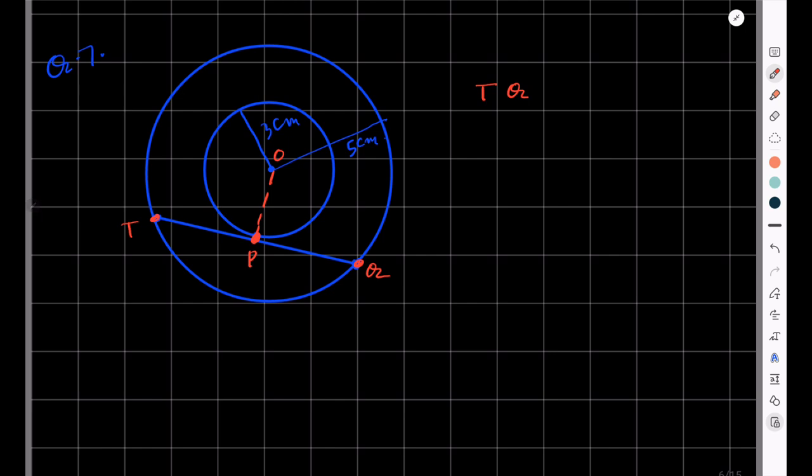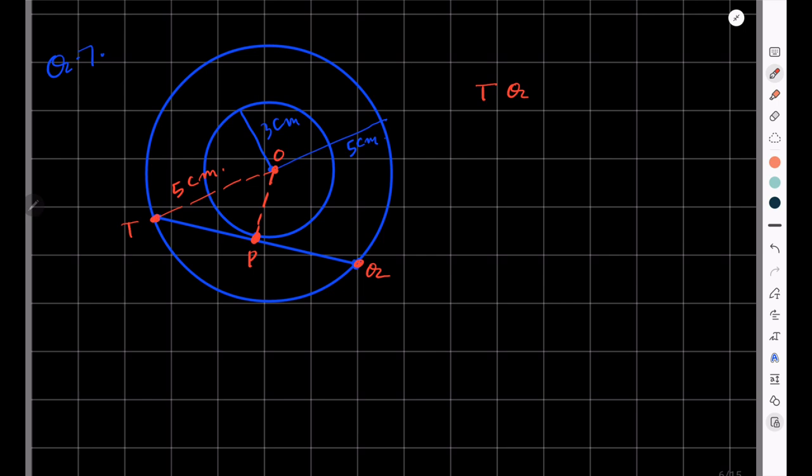So for that, we will do one construction. Let us combine these points T and O, and that will be 5 centimeter, isn't it? Because it is coming from the center of the circle and cutting the larger circle at one point.